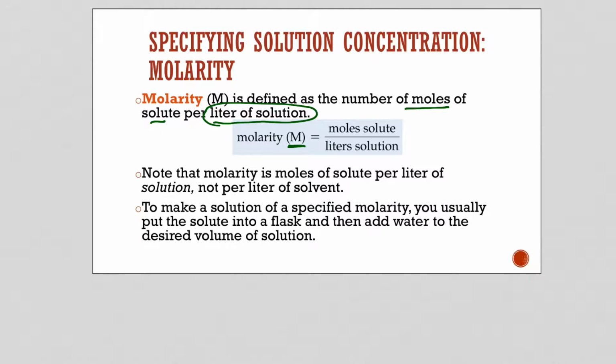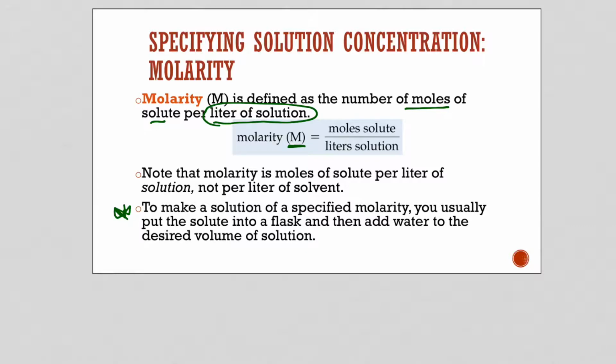Now, one sort of aside here before we think about the calculations is because it is volume of solution, not volume of solvent, if we want to make a solution to a specified molarity, so we want to actually mix it up, you're going to add this specified amount of solute, how many moles of solute you need, we're going to convert that into grams, and we're going to weigh that out and add that.